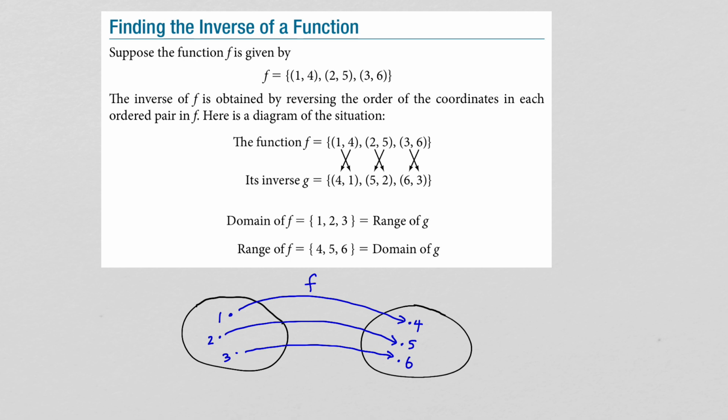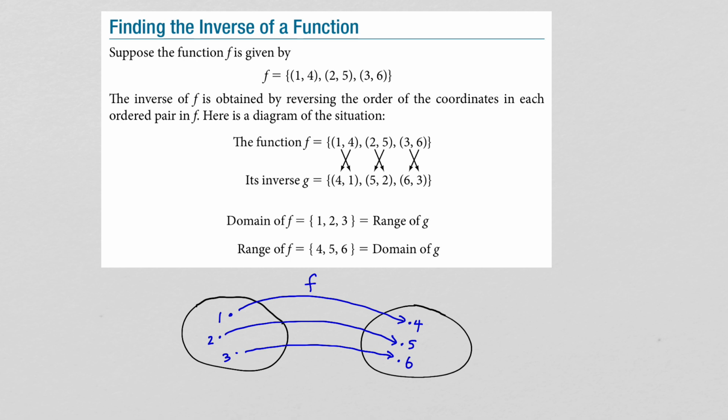So what is the inverse doing? The inverse is simply reversing the order of the coordinates. So if the function f consists of the coordinates (1, 4), (2, 5), and (3, 6), its inverse, which I will temporarily call g, is just going to be the set of points (4, 1), (5, 2), and (6, 3).